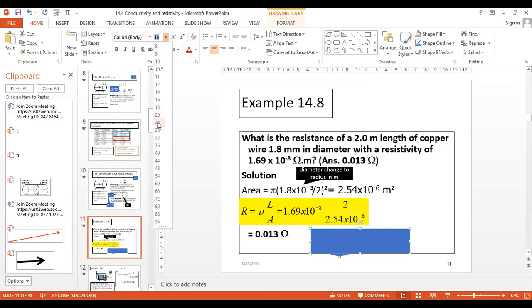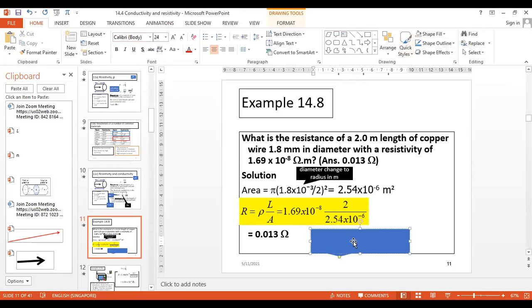Student: Teacher, the 1.69 times 10 to the power -8 you put there as resistivity, isn't that density?